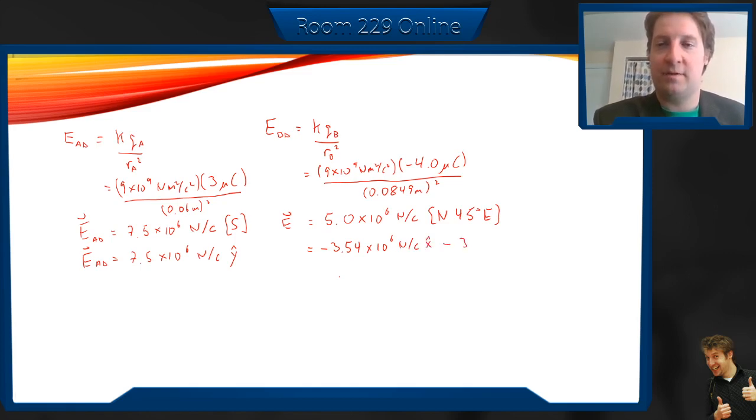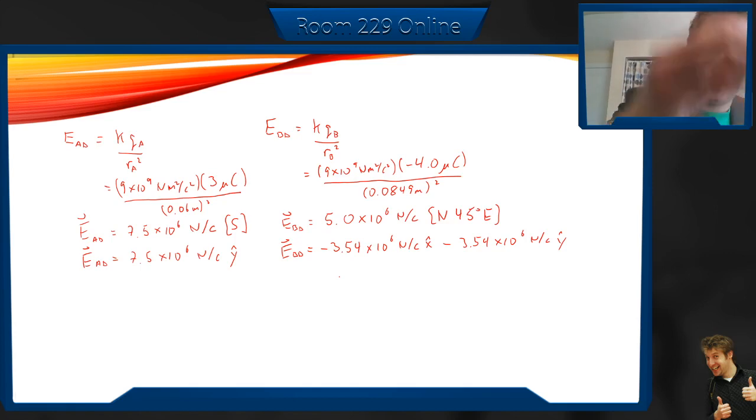I'm also going to have negative 3.54 times 10 to the 6 newtons per coulomb in the y direction. So I can write this using hat notation, as a sum of two vectors. Since the two vectors are at right angles, they don't influence each other, we're good to go. So this is another way that you can write the electric field by B on D, equal to this expression here.